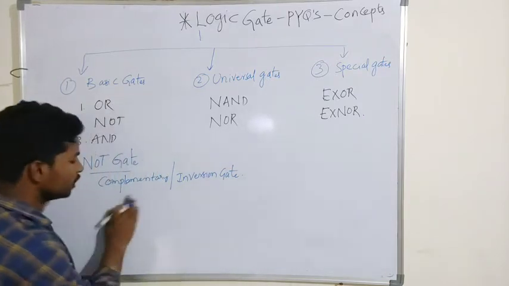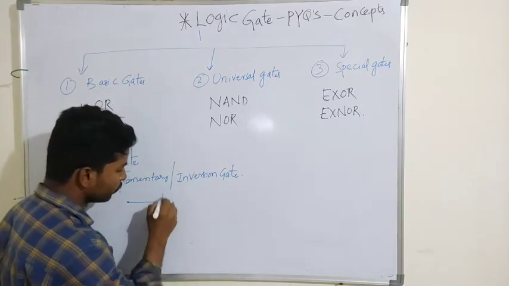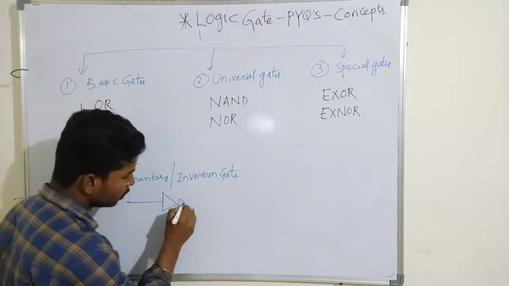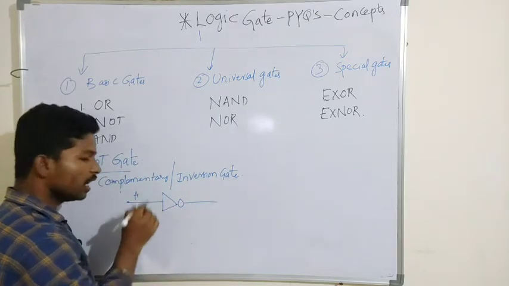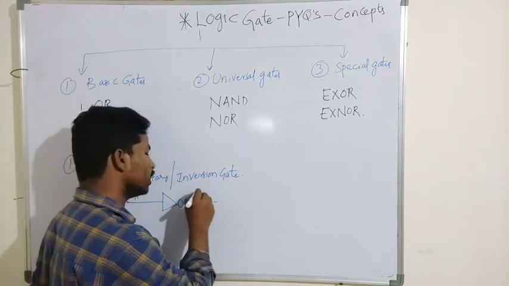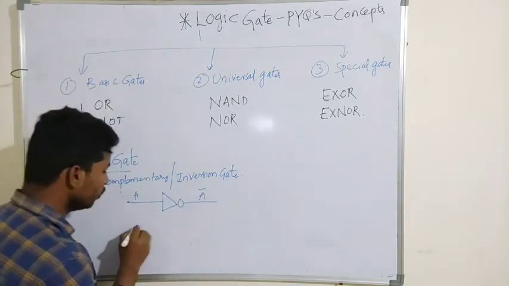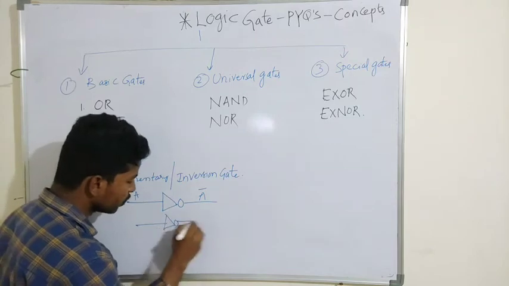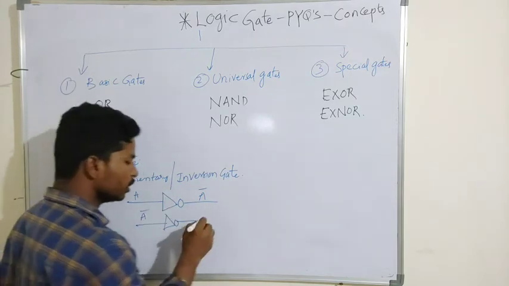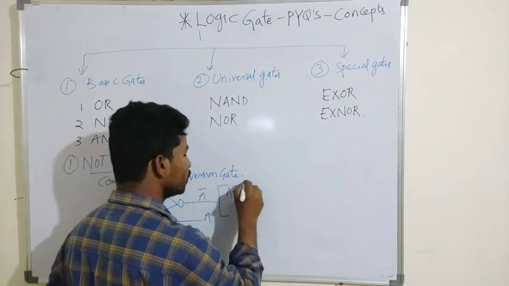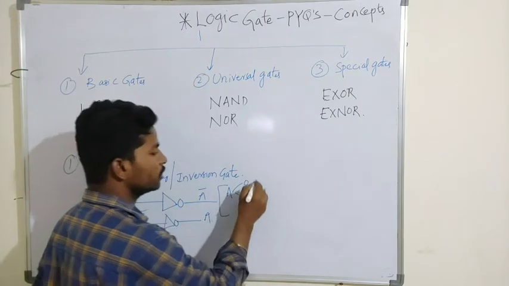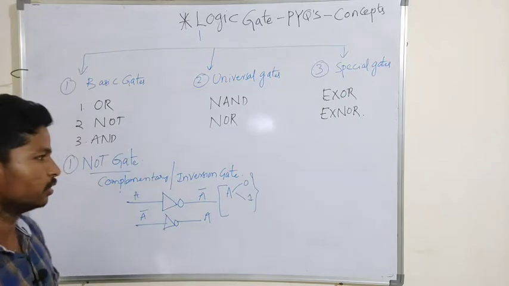Its logical representation has one bubble, and the bubble represents the complement. If I give A as an input, it will produce A complement. If I give A complement as an input, it will give A, where A can be 0 or 1. These are the only possibilities.